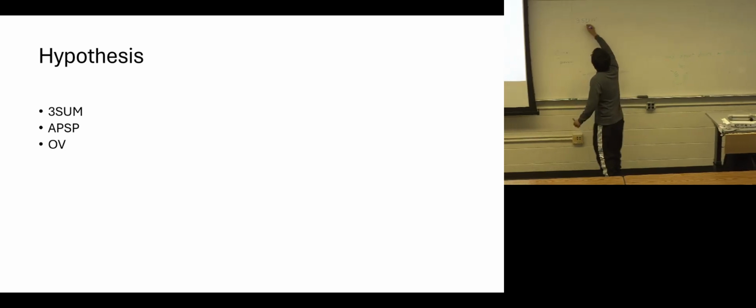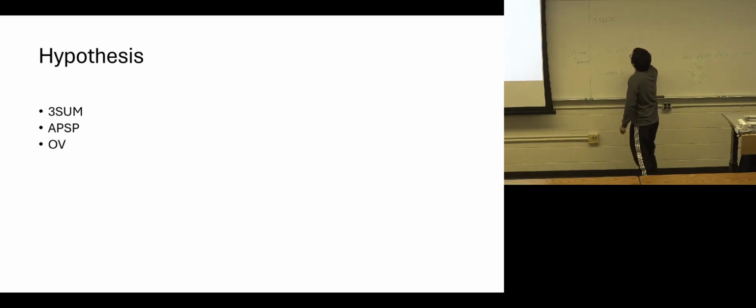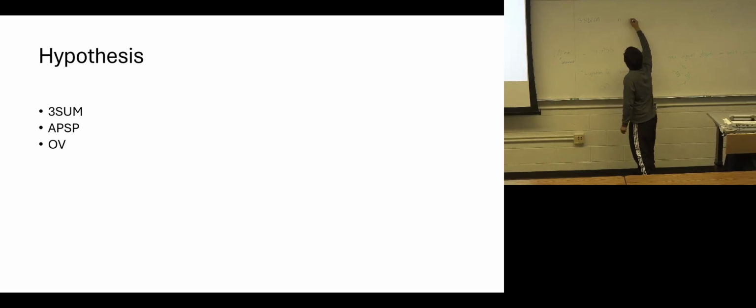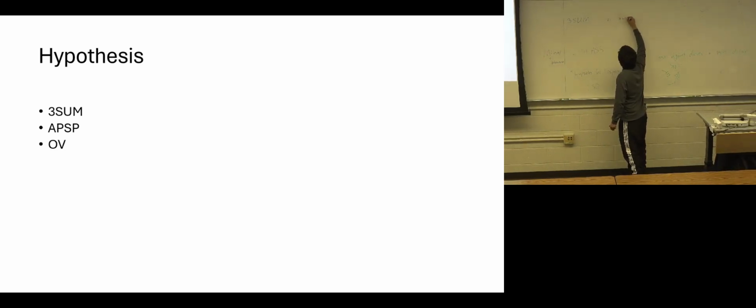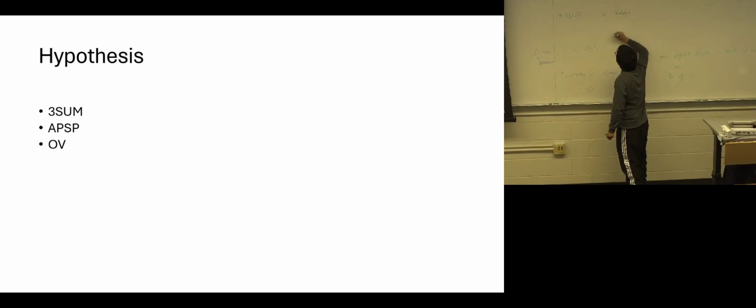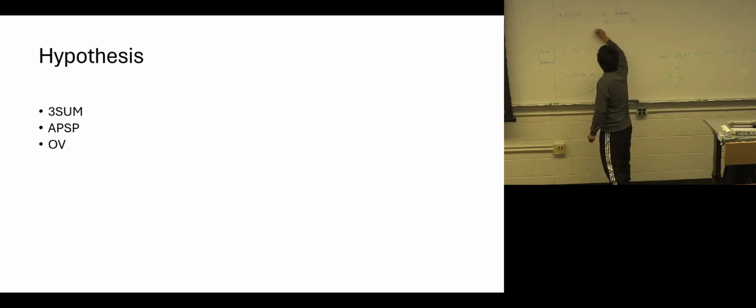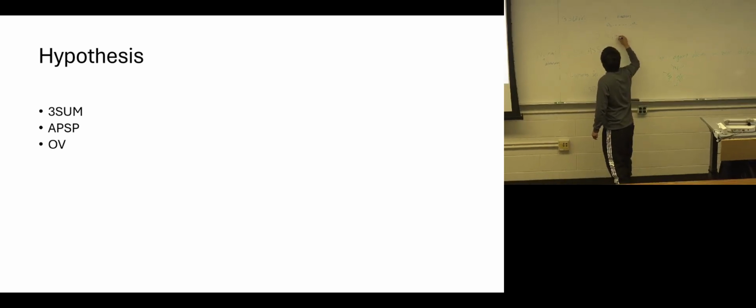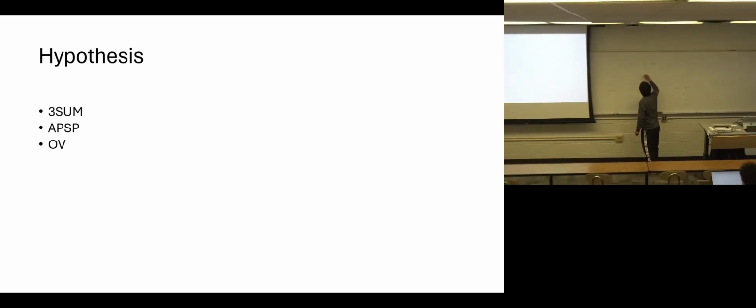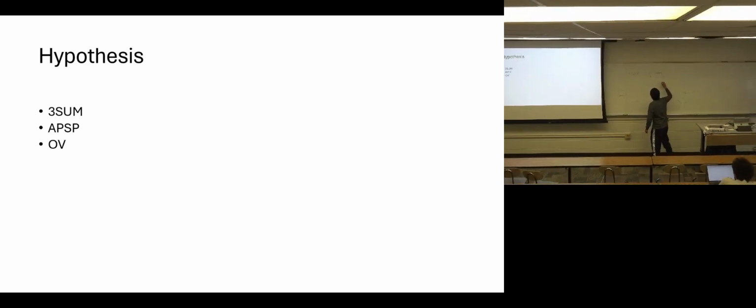Anyway, what is this problem? You get n numbers, A1 up to AN, and you ask: is there i, j, k such that A_i plus A_j plus A_k equals 0?